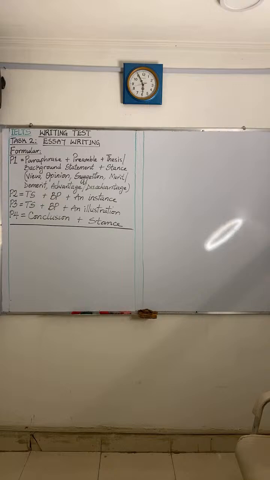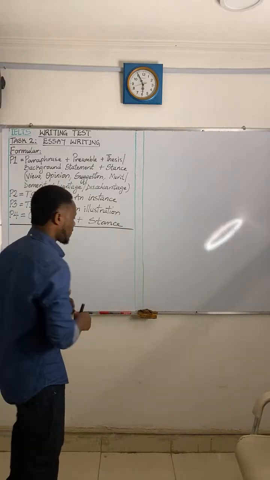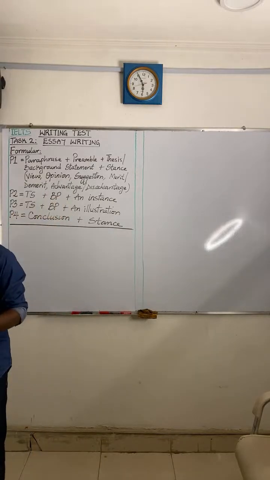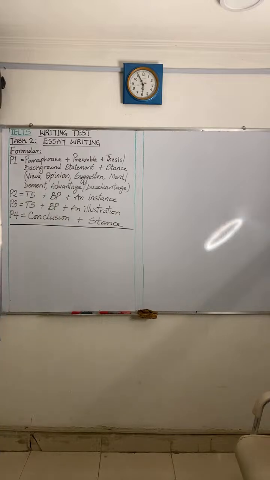But I have a little caution. My little caution is, due to time constraint, you may not be able to proofread the whole of your essay from paragraph 1 to 4.